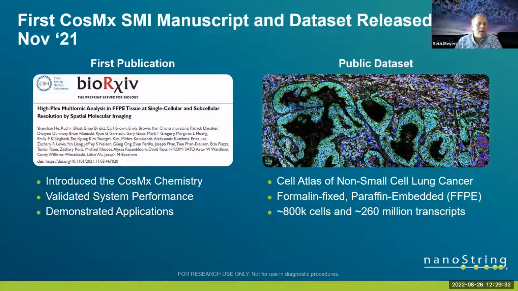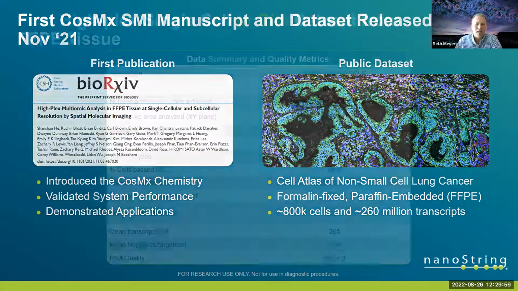And then we have a listing here of our first manuscript that came out that demonstrates the system performance. We introduced our CosMx chemistry, as well as some of the demonstrated applications. And then we have our first publicly available data set, which is a cell atlasing of non-small cell lung cancer from FFPE, where we profiled about 800,000 cells and 260 million transcripts.